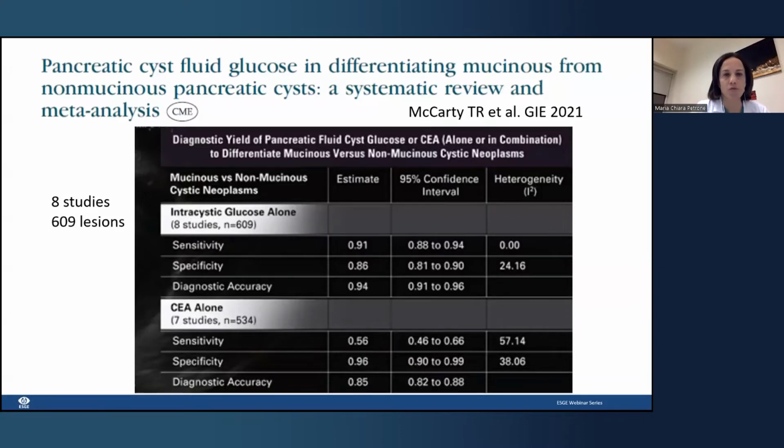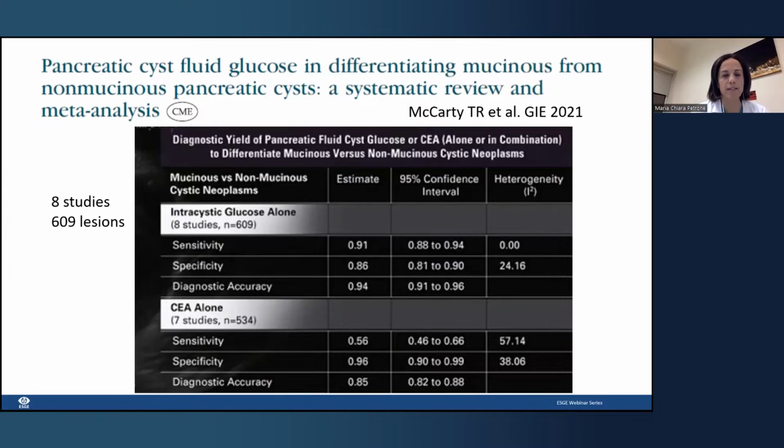Low levels of intracystic glucose have been shown to help differentiate mucinous from non-mucinous lesions. The first report was published 10 years ago, and since then we have many studies about the diagnostic accuracy. And this is a meta-analysis including 600 lesions, and the aim was to evaluate the diagnostic yield of intracystic glucose alone compared to CEA.